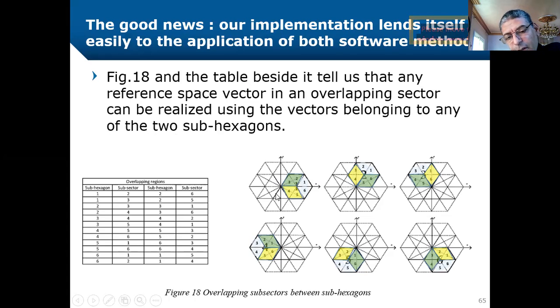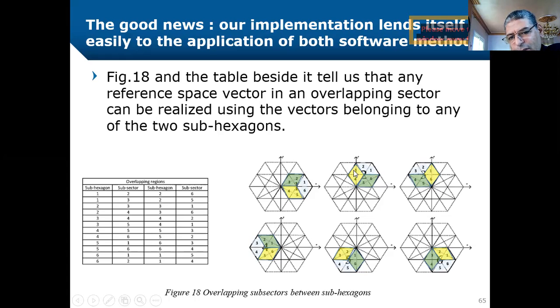Look at this. This is sub-hexa 1, this is sub-hexa 2, and this is the overlapping region. In the overlapping region, we have 2 sub-hexas, subsectors, sorry. For example, 2 and 3 coincide with 5 and 6 here in sub-hexa 2. The same applies to sub-hexa 3.